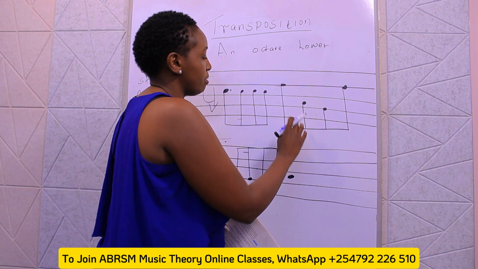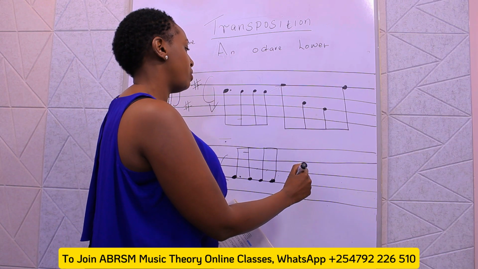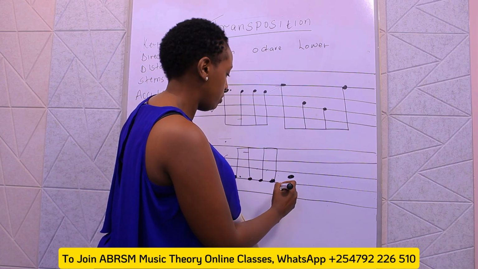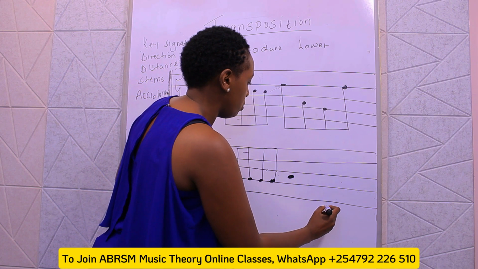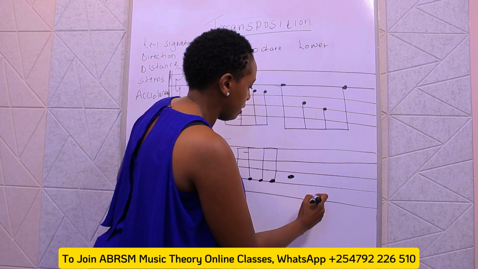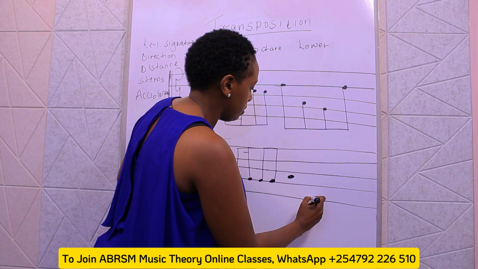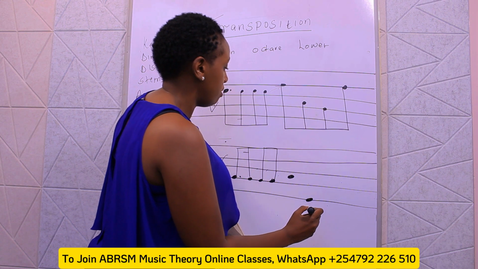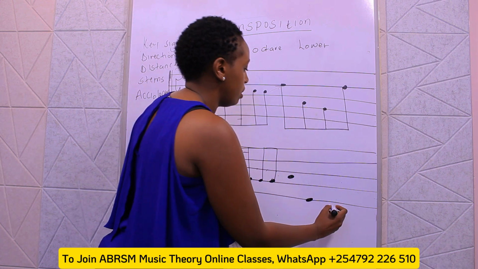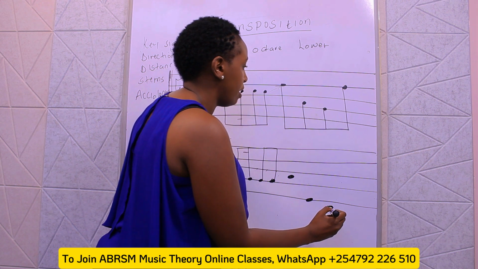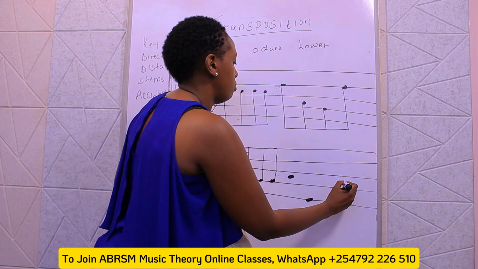From there, I take a fourth down, as you can see, which will be now. From here, I'm going to go all the way here. This will be a third, and then a fourth, which will be here now. Okay, and then from there I go down a second, and then I go up a fifth, which will be here now.